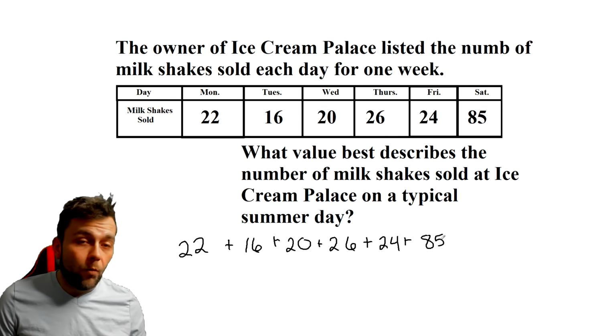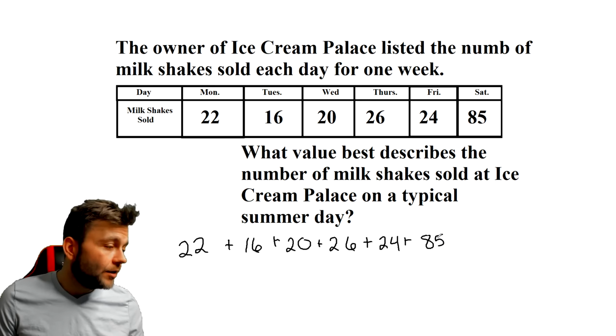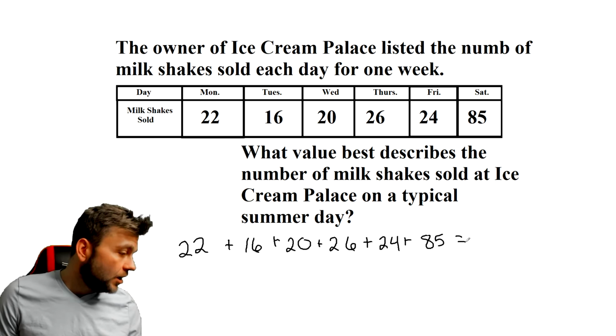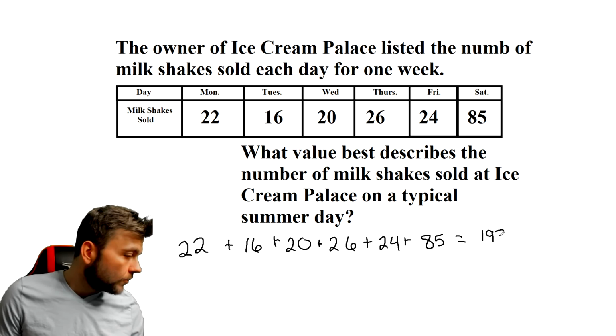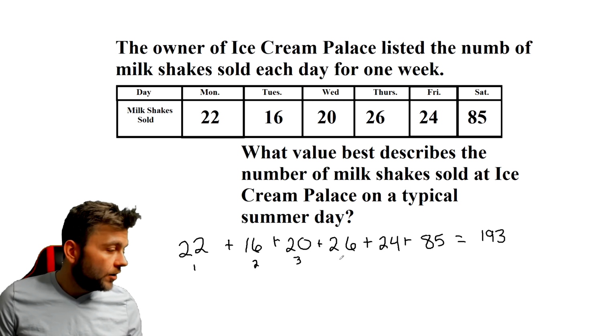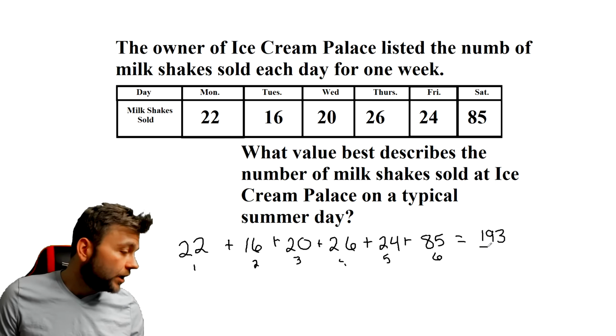Plus 85 is 193. So our top is 193. And how many values do we have? We have 1, 2, 3, 4, 5, 6. So we need to do 193 divided by 6.